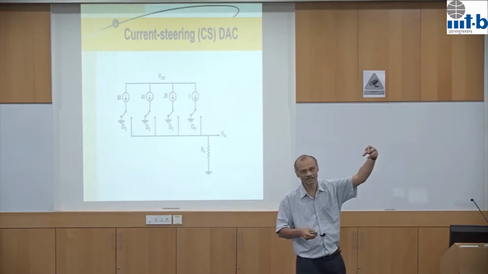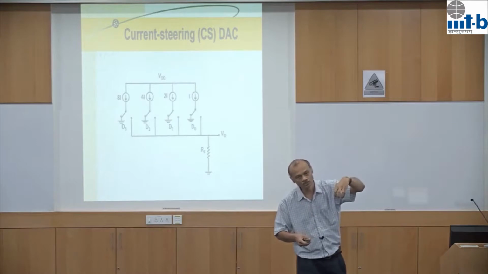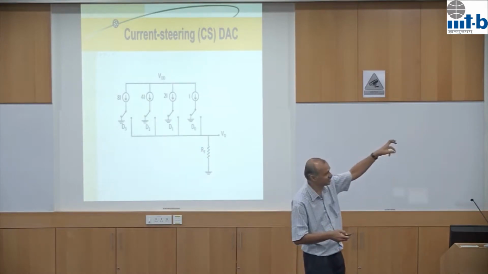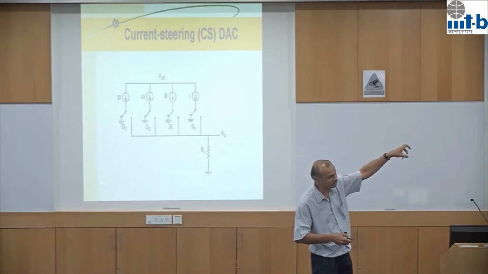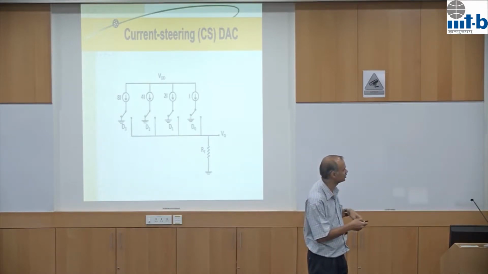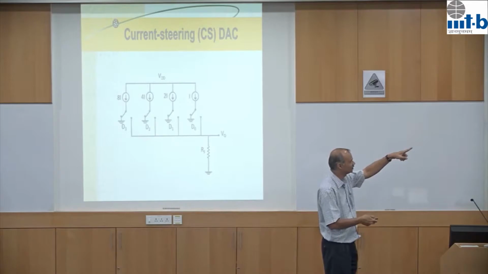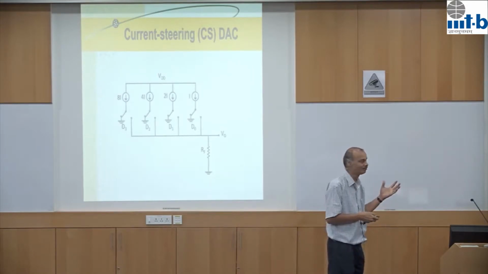There will be a cal DAC that will go inside the control circuit for each current source, one for this, one for this, one for that. And that's how each of the current sources is calibrated.